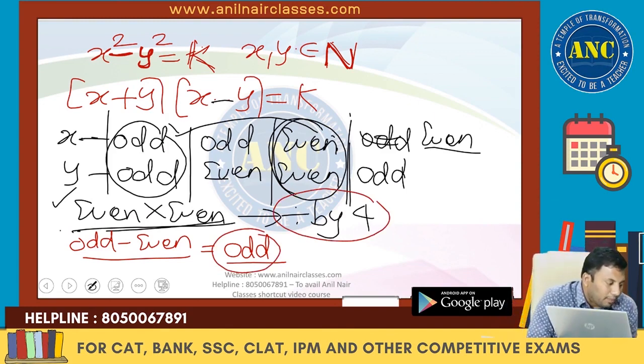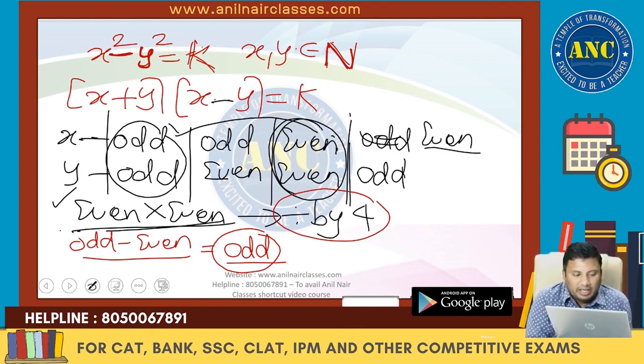x square minus y square equivalent to k has integral solutions only if k is an odd number or k is a multiple of 4.